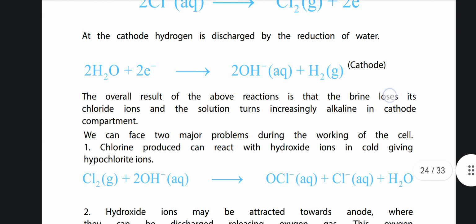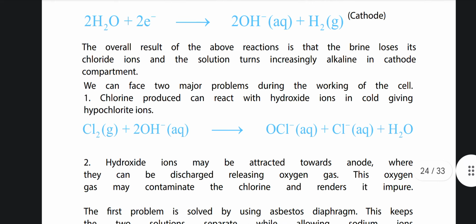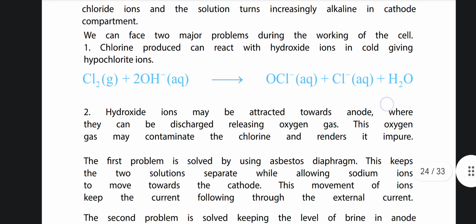At the cathode, hydrogen is discharged by the reduction of water: 2H2O + 2e- → 2OH- + H2 at the cathode. The overall result of the above reaction is that the brine loses its chloride ions and the solution turns increasingly alkaline in the cathode compartment. We can face two major problems during the working of the cell.